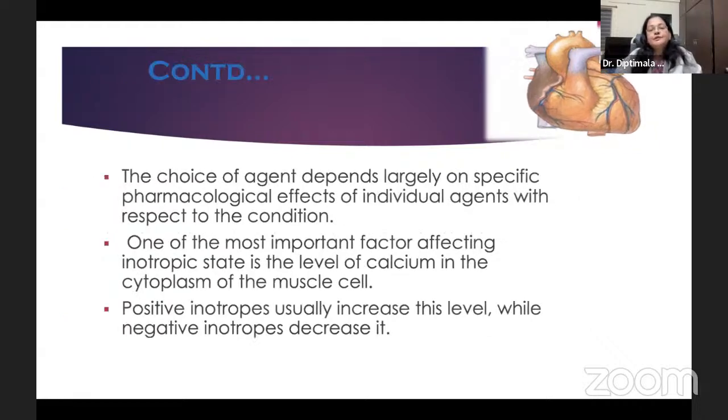The choice of agent depends largely on specific pharmacological effects of individual agents with respect to the condition. One of the most important factors affecting inotropic state is the level of calcium in the cytoplasm of the muscle cell. Positive inotropes usually increase this level, while negative inotropes decrease it.